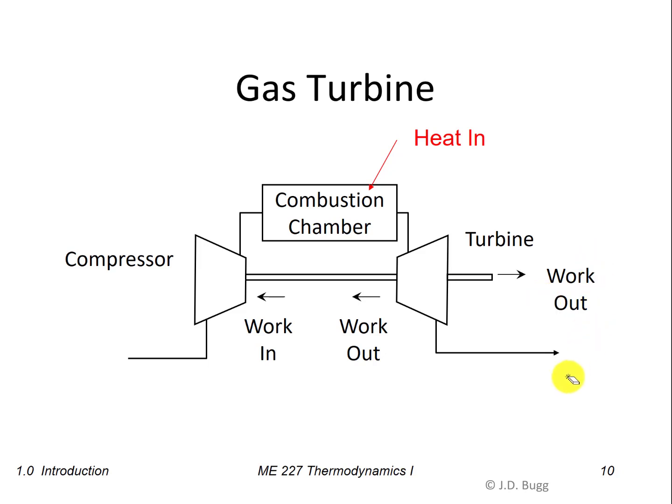So very, very similar device, only a gas turbine would have a much larger turbine, and it's trying to extract as much energy as it can from these hot pressurized gases and produce as much work as it can in the turbine. A little bit of that would go back to run the compressor, but the majority of it hopefully would be available for work in the surroundings. So this would typically be used to run an electric generator and generate electricity.